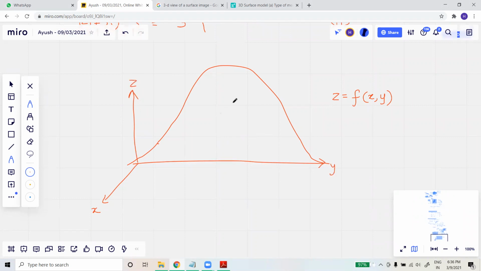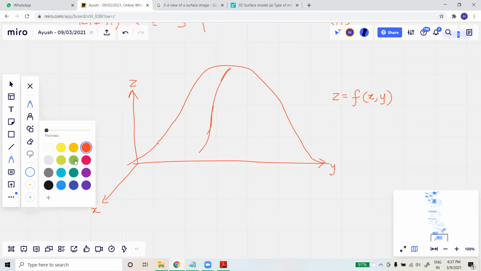It's a 3D figure, so the height of the mountain depends on x also, y also. So level curve means you're joining those points which have the same height.